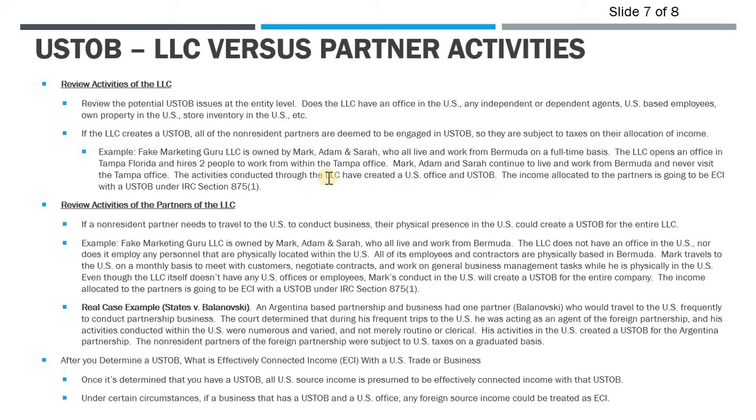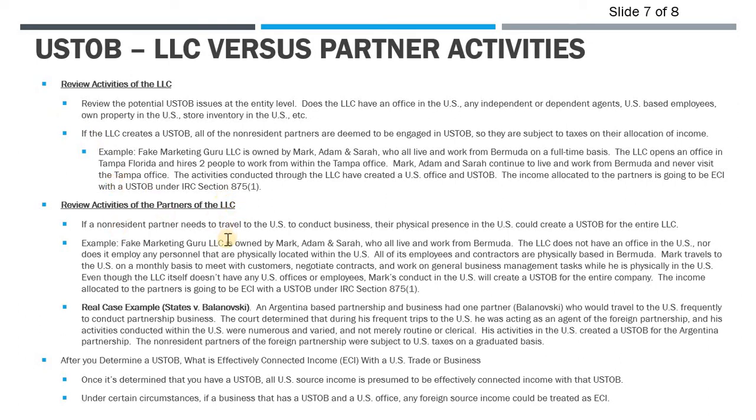Well, the activities conducted by this LLC through the office in the U.S. has created a U.S. trader business. So now all of the income that's generated within the LLC, reported on the partnership return, and allocated to the partners is going to be ECI, right? So it's ECI in connection with the U.S. trader business under 875.1. So now the partners are going to be subject to tax on those earnings. Okay, so that's why we review the activities of the LLC first.